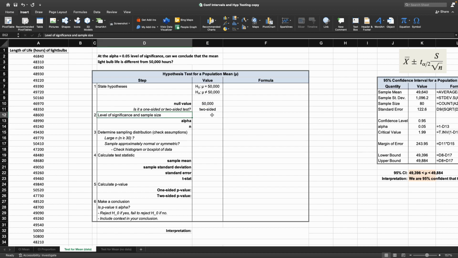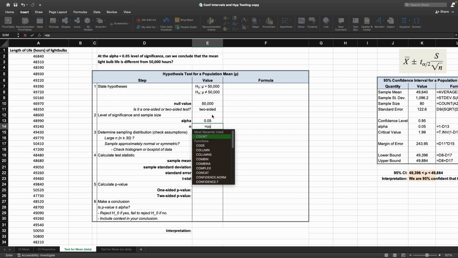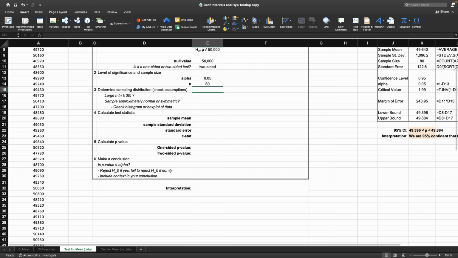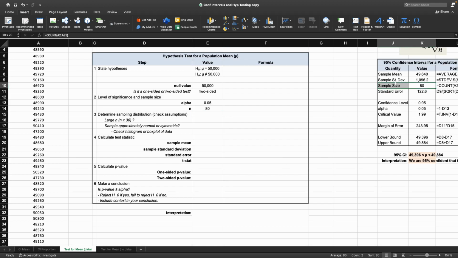Now for our level of significance, our alpha here is 0.05. For N, I'm going to use equals count, and I'm just going to count up the number of points we had. We have 80, just like we did over here.